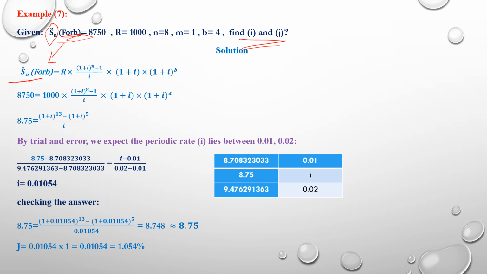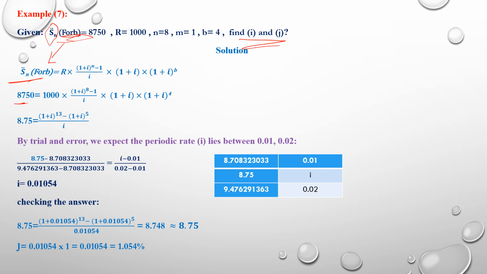S_n forborne equals 8,750, R equals 1,000, 1 plus I, we don't have I, and this we want to find, N equals 8, minus 1 over I times (1 plus I), (1 plus I) power 4.